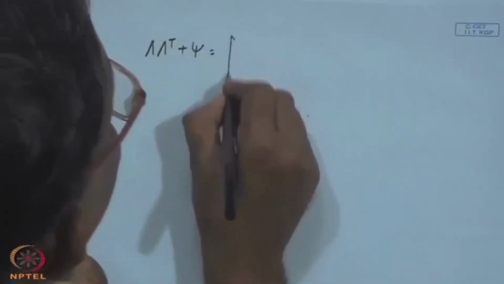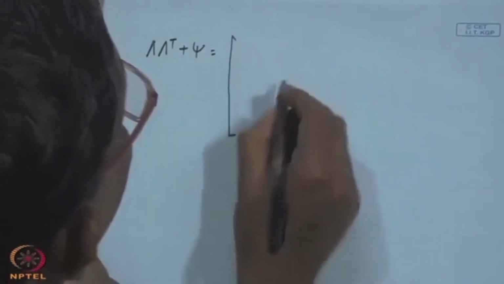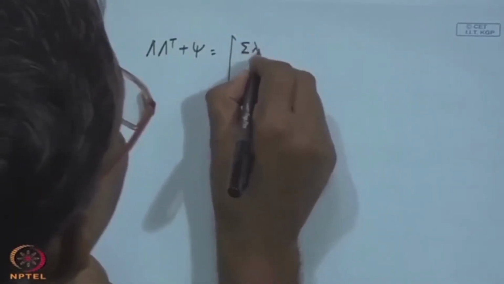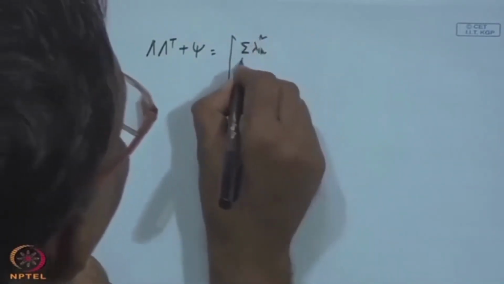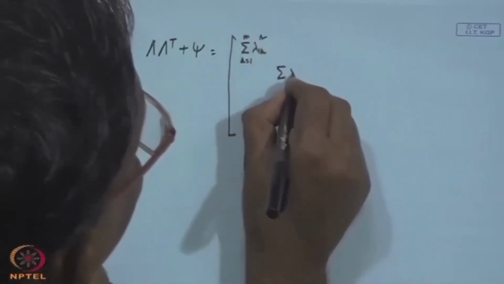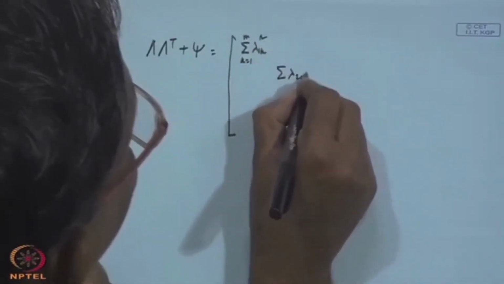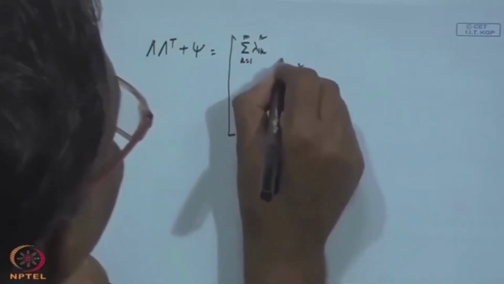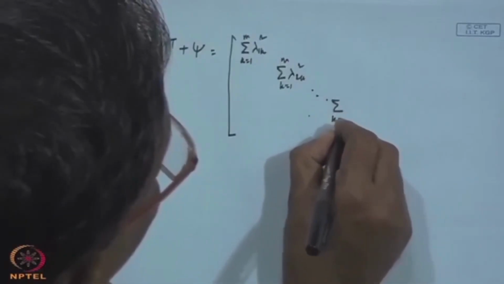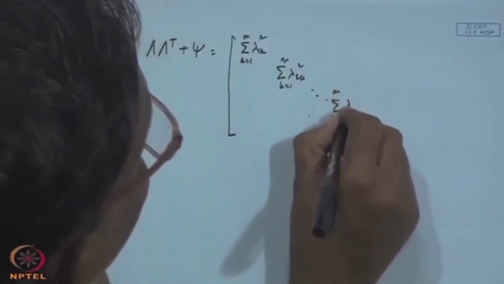I am not writing the off diagonal elements now, only the diagonal elements: lambda 1 k square, k equal to 1 to m, lambda 2 k square, k equal to 1 to m, lambda p k square, k equal to 1 to m.